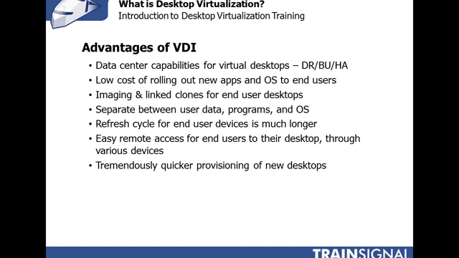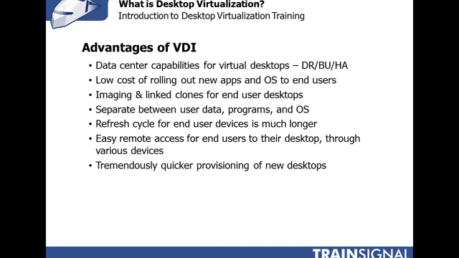Once they feel comfortable, you could simply replace the golden image operating system with the new golden image operating system that you want to upgrade to, and then all the users get that same operating system. Their applications have been virtualized, so they're going to run on that operating system. I mean, you already tested them, and then their application data is separate. So you can roll out apps and operating systems quicker than you ever could before.